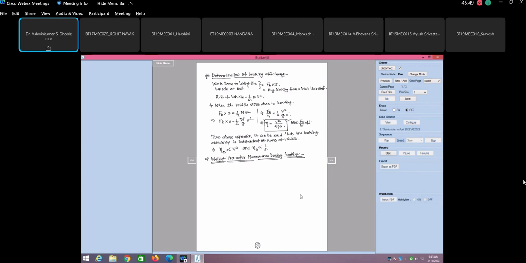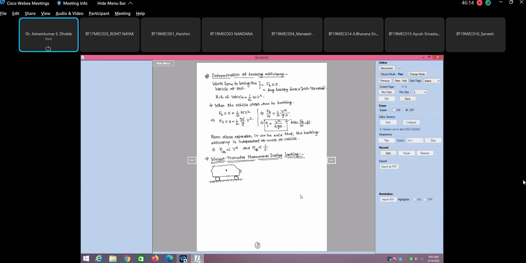Let us say this is a plain road. Now let us discuss the weight transfer phenomena. Suppose this is the vehicle. Okay, so this is the front of the vehicle.